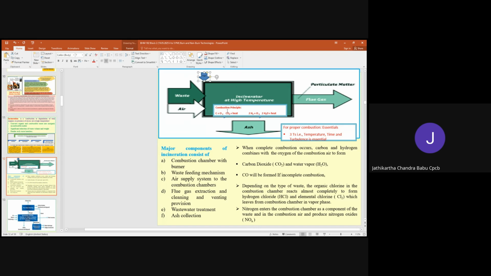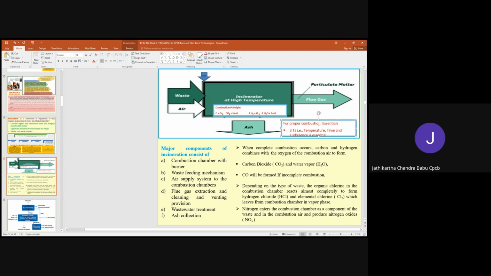In the first stage, carbon in presence of oxygen always converts into carbon monoxide, which is highly toxic in nature. When it goes into the secondary chamber, CO in presence of oxygen is completely converted into CO2, and gases will be emitted into the atmosphere, whereas the waste converted into ash is taken from the bottom.